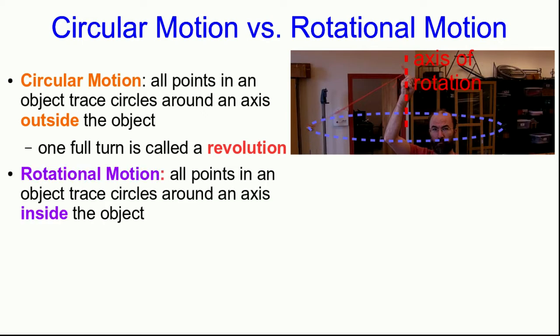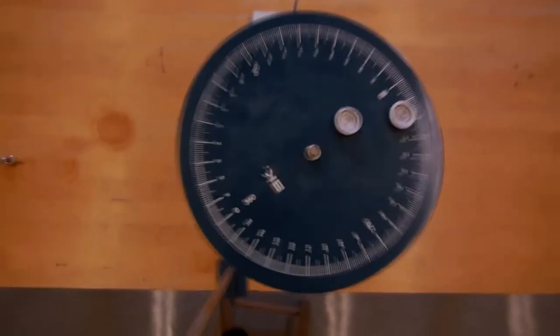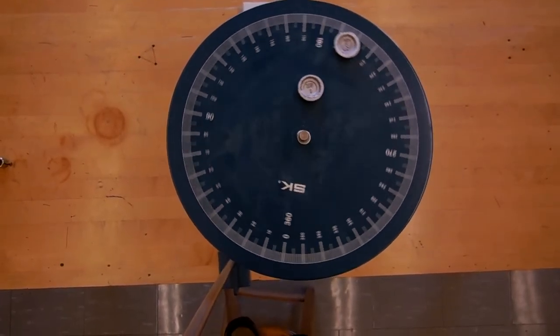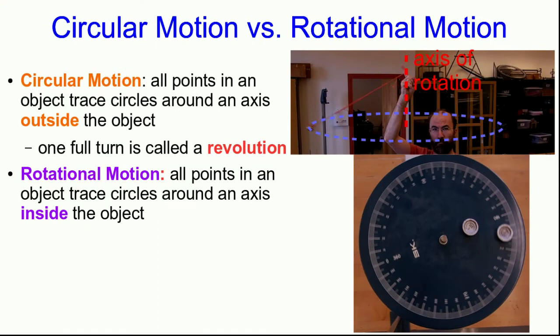On the other hand, here's an example of rotational motion. This is a turntable rotating. And in rotational motion, all points in an object trace circles. However, the axis passes through the object. So if we focus on, say, the S and the path it follows, it makes a circle. And it's around an axis which passes through the middle of the object.